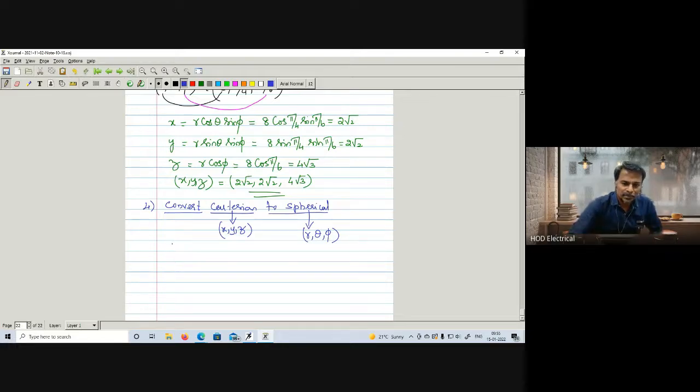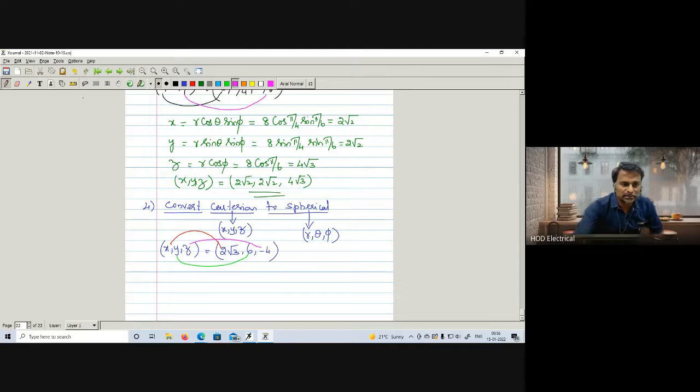Now the Cartesian variables x, y, z are 2 root 3, 6, minus 4. So x is equal to 2 root 3, then y equal to 6, then z equal to minus 4.